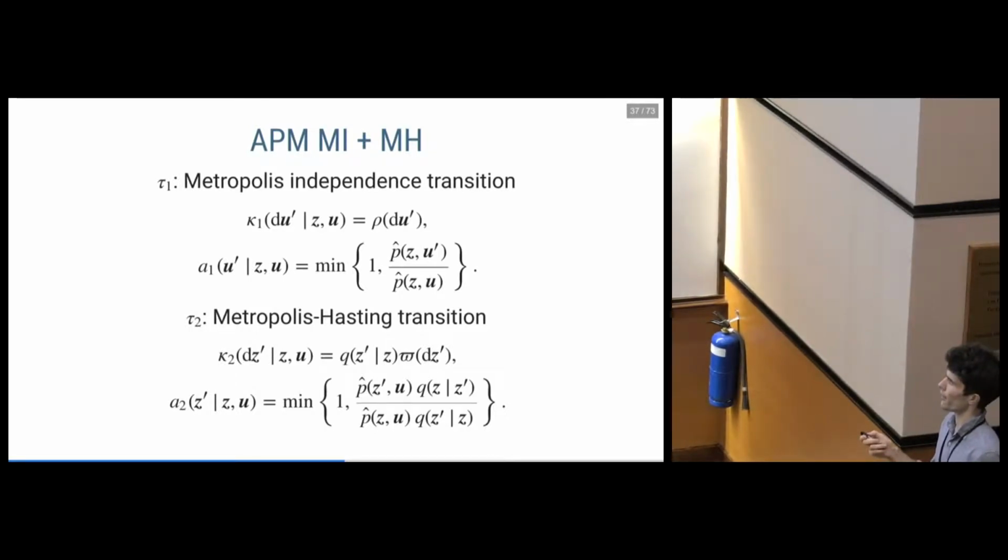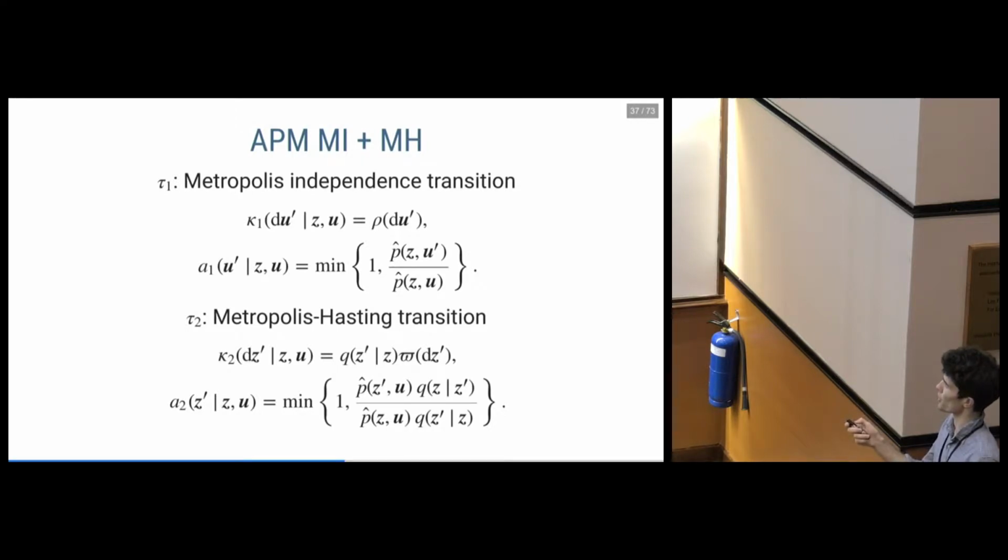So straight away we can see that it might seem that this is going to be intrinsically less efficient than the pseudo-marginal Metropolis Hastings method, because in every overall update formed by the concatenation of these two individual updates, we're going to have to evaluate this density estimator at least twice.